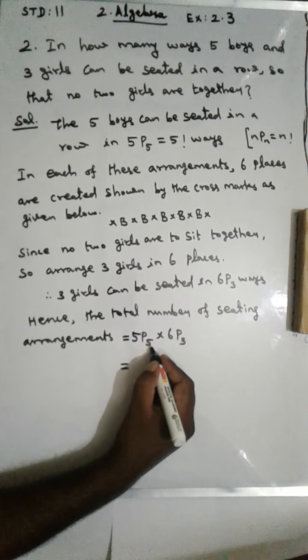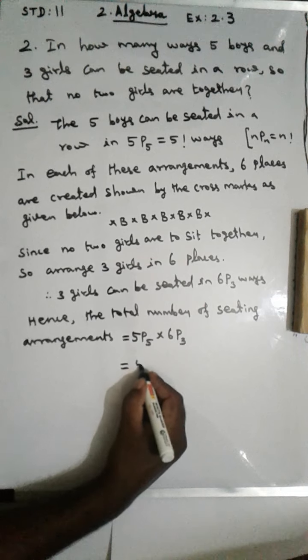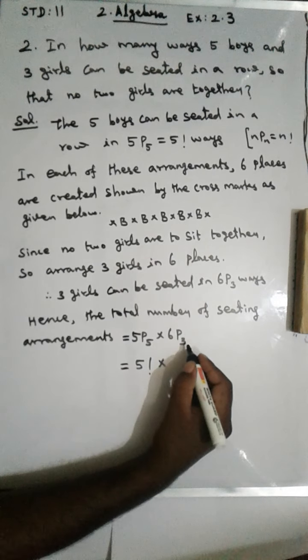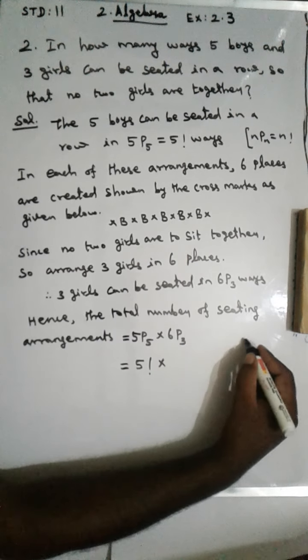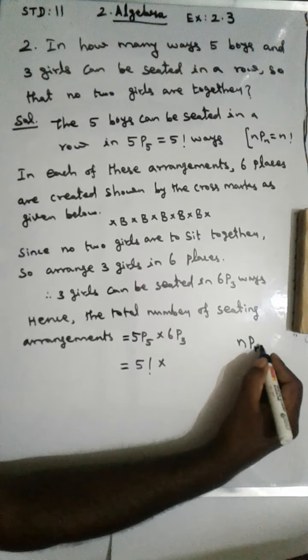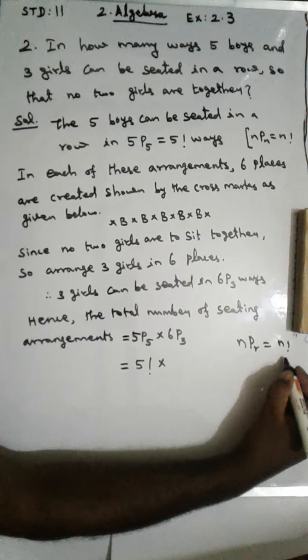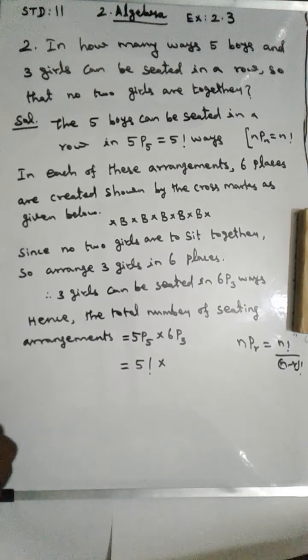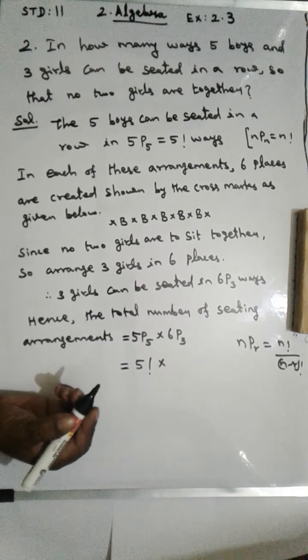5P5 is 5 factorial, into 6P3. We know the formula nPr equals n factorial divided by (n minus r) factorial.